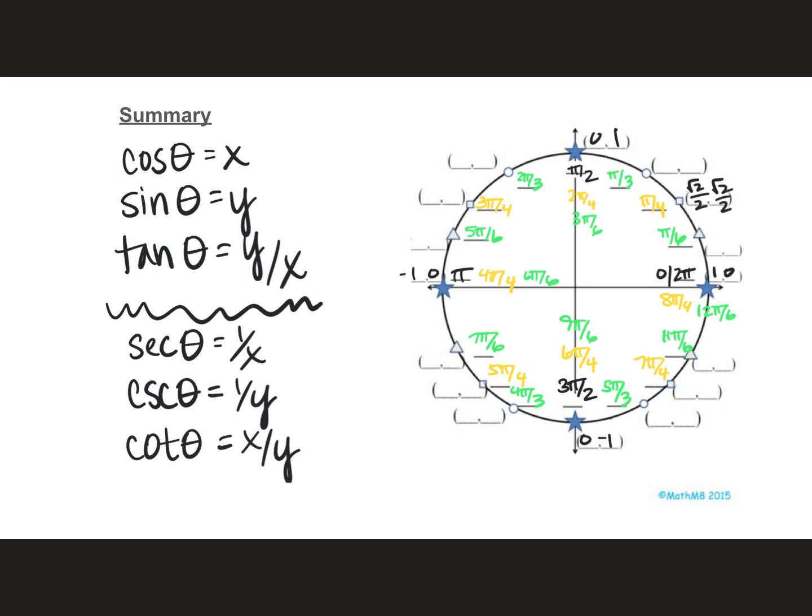So then when you take care of the fourths in the other quadrants, you just have to account for how the signs might change. So in the second quadrant, every x-coordinate is going to have to be negative. Every y-coordinate would still be positive. In the third quadrant, they're both negative, and in the fourth quadrant, only y is negative.